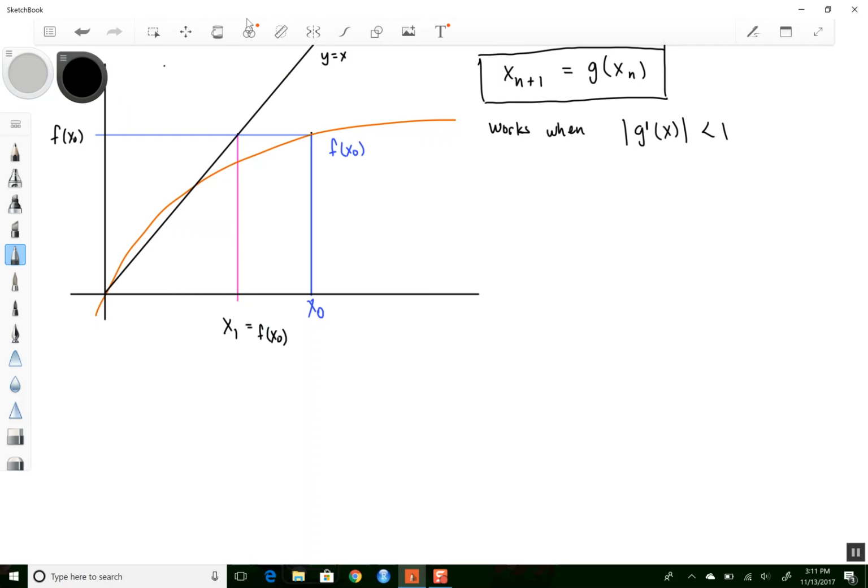Okay, and so I would continue this iterative process and say, okay, I'm going to come over to right here, and I'll go down to right there, and this will be my next location, x at time 2, x2, and we can just imagine this whole thing going back and forth until it converges right here.